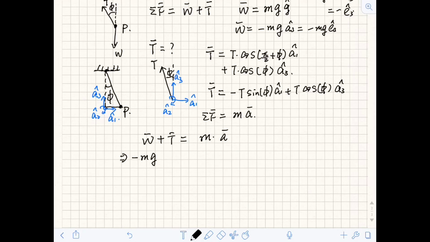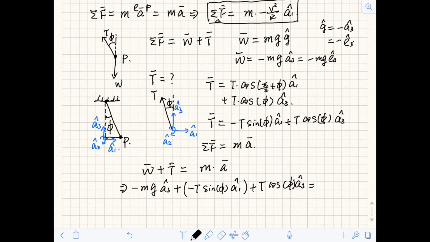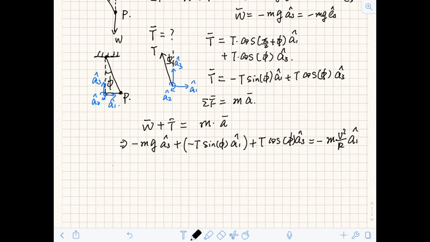Just replacing what we have solved for each variable, negative mv squared over r a1. Then let's resolve the vector additions in different components.